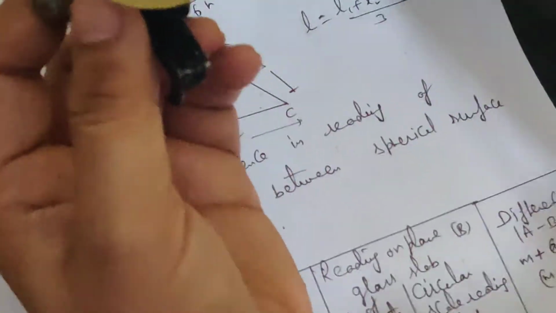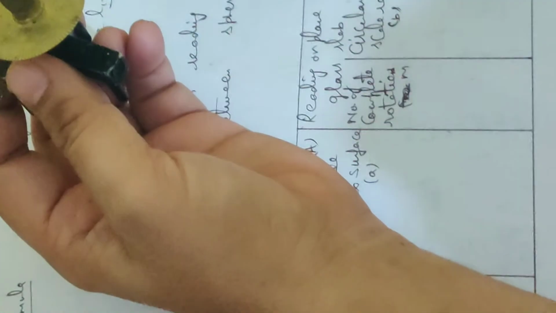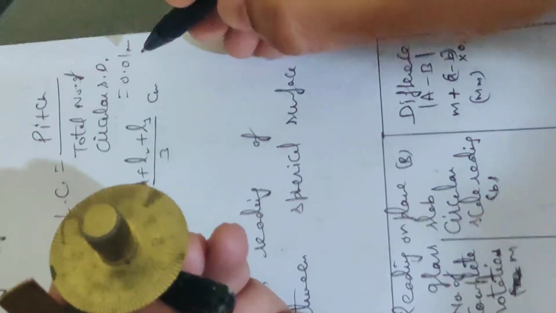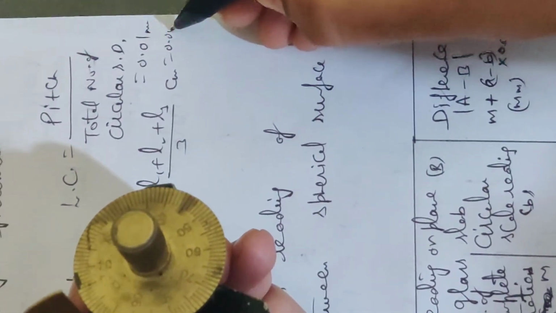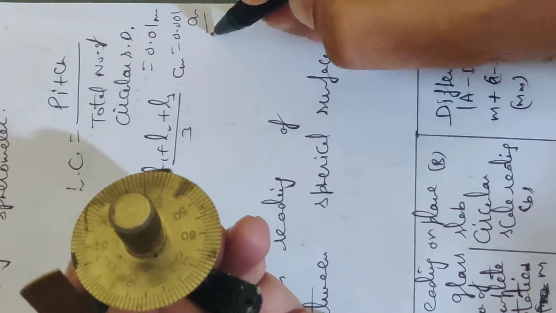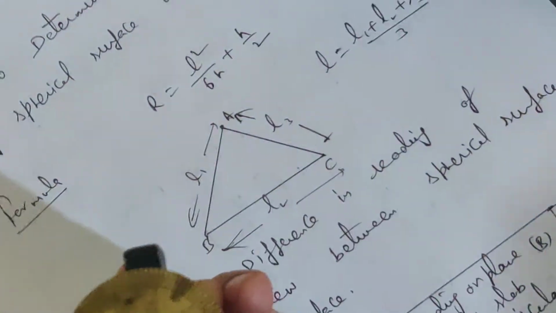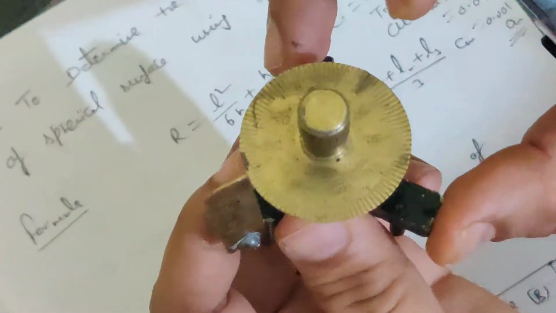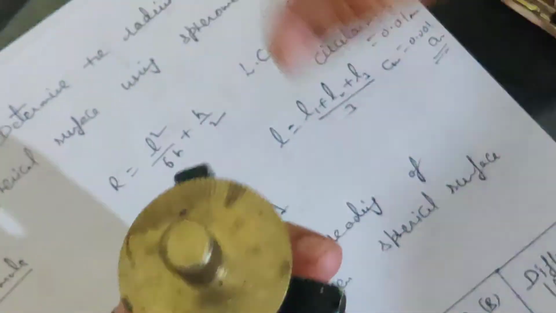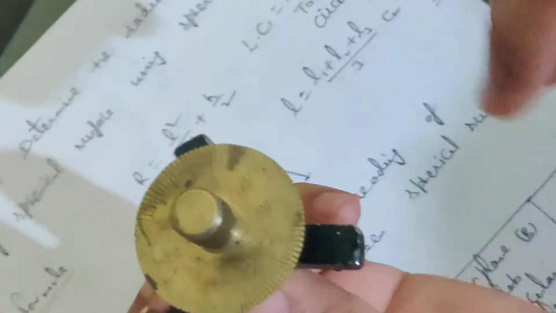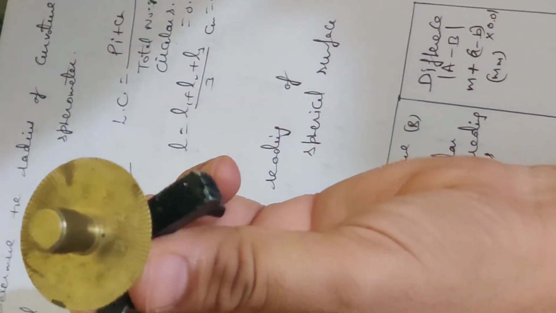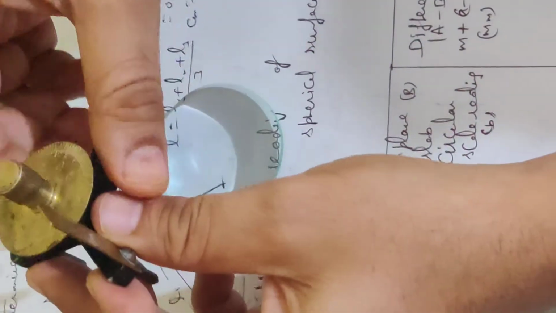So the least count for this circular scale is 0.01 millimeter or 0.001 centimeter. This is the least count for this screw. Using this, we have to determine the radius of curvature of this convex lens.